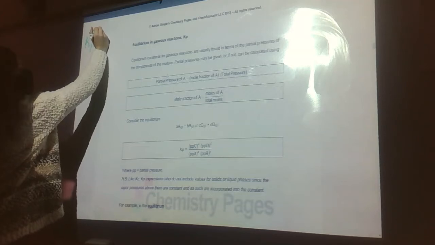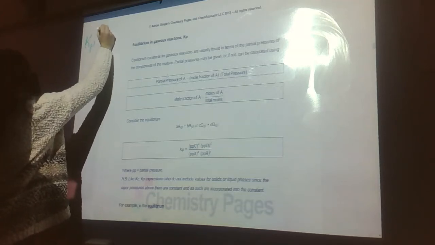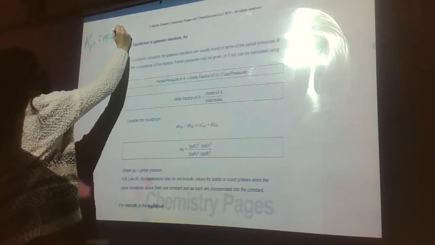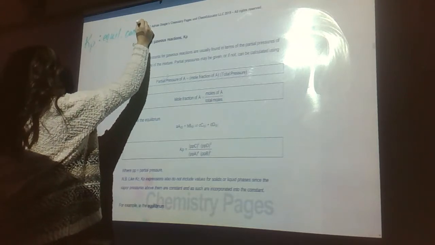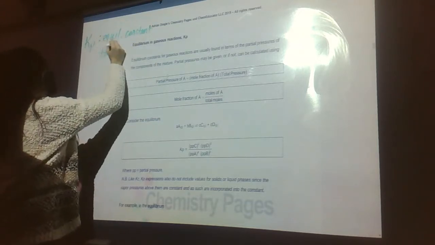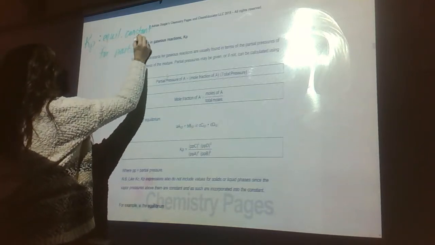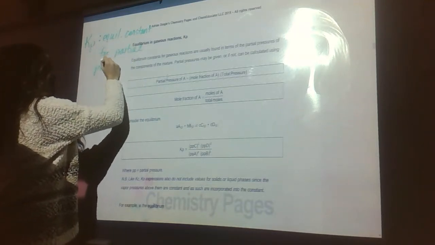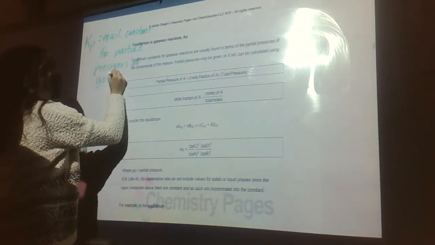The other type of K is Kp, and this is based on partial pressure. These have to be gases.